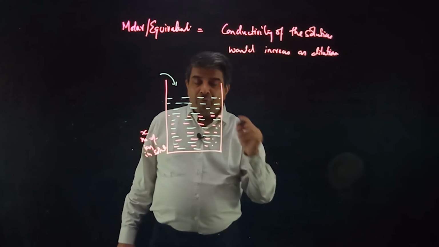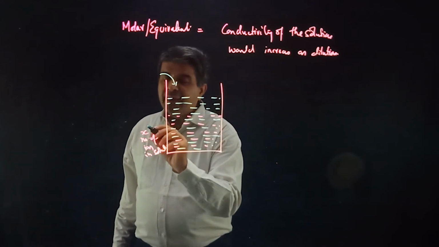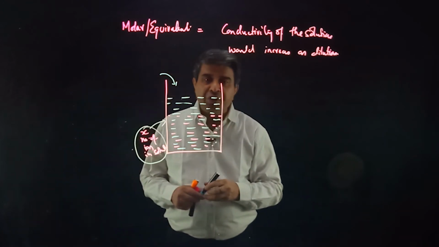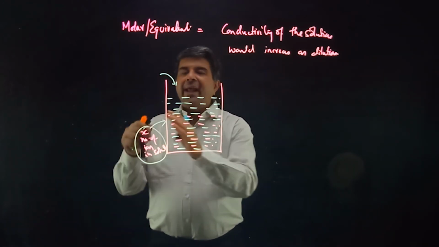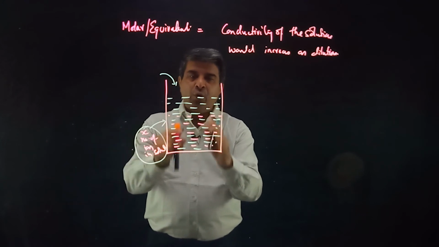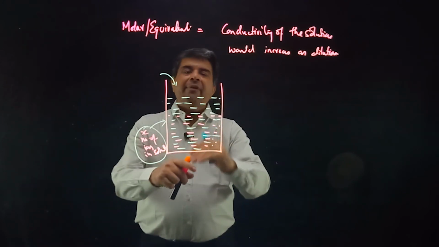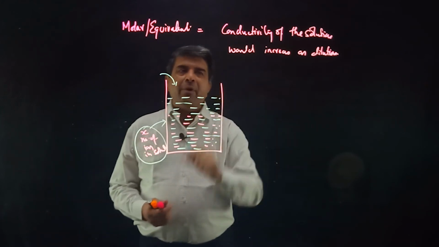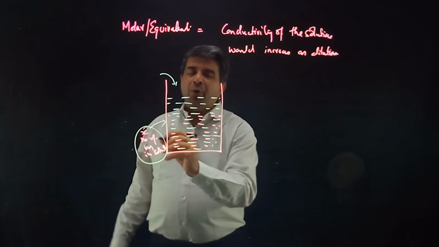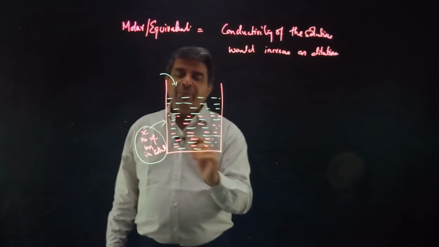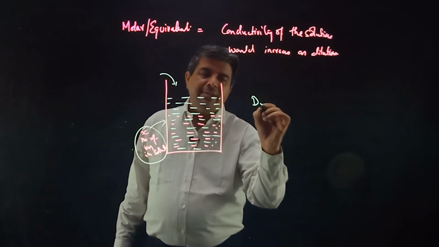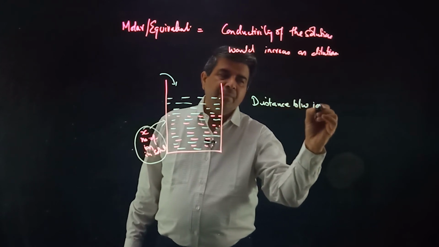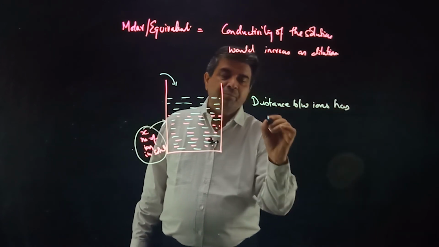But one thing remains constant. In total solution, the number of ions has not changed, isn't it? If there were X number of ions in the solution in totality, now if I have increased the volume, the number of ions would remain same, and in the process the distance between ions has increased.